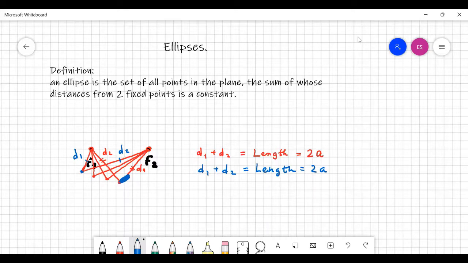That's a major property of an ellipse, because the definition tells us the sum of whose distances from 2 fixed points, and these are my 2 fixed points, is a constant. So the sum is not changing.